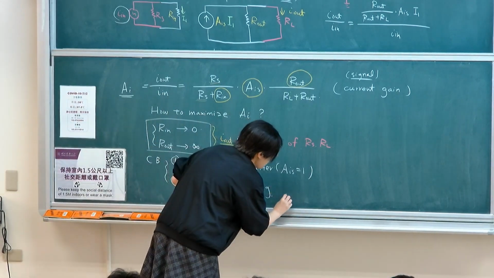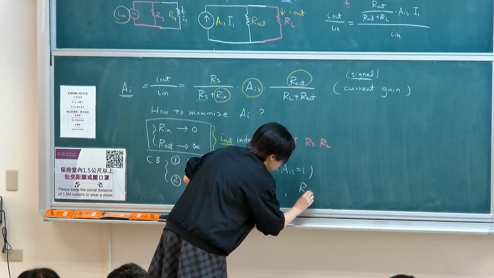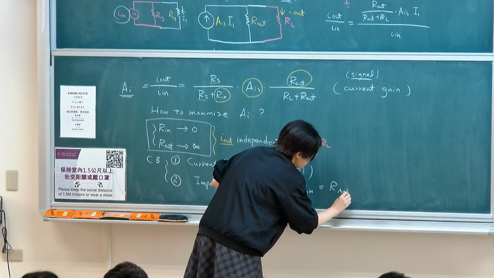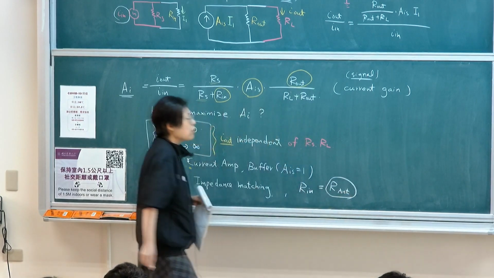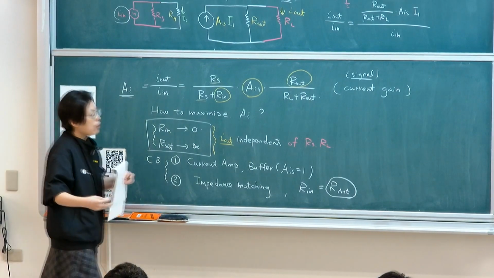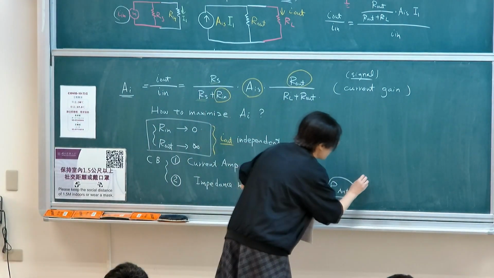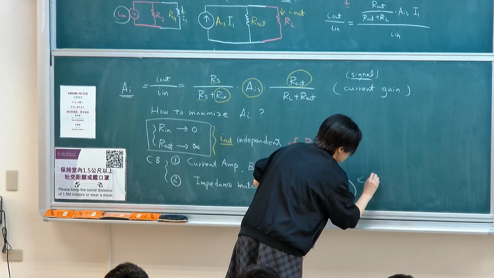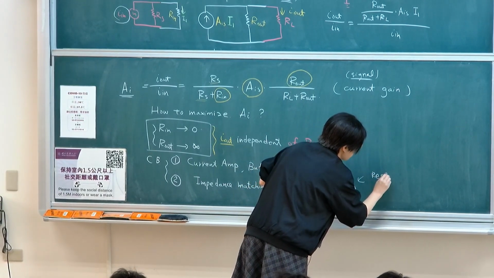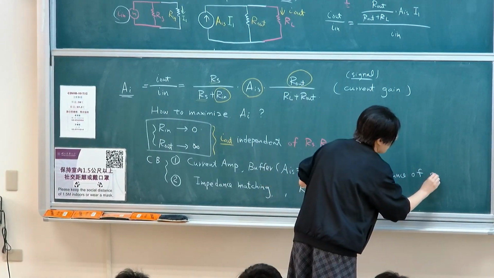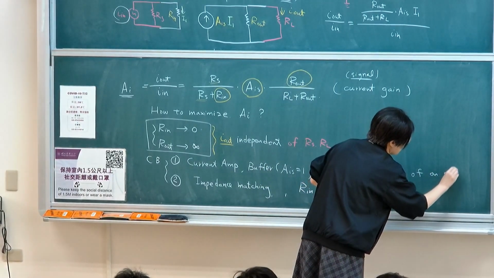So this is simply to set your Rin equal to R, for example, of the antenna. This is a particular setting for taking power, depending on your input source. This is typically the resistance of an antenna.